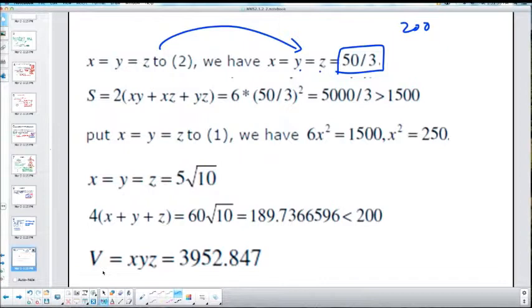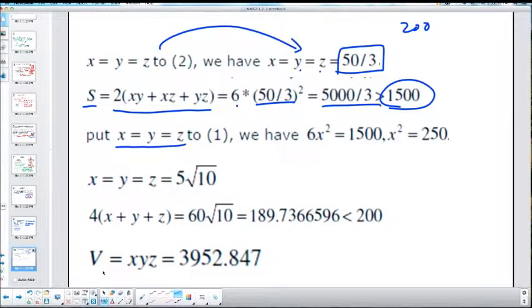Well, you plug into the surface area. It does not work out, because if we multiply this solution, you find this is bigger than the constraint, which is 1,500. That does not work. Well, if you plug x, y, z into the second, the surface constraint, then you find x, y, z equal this number, 5 square root of 10.